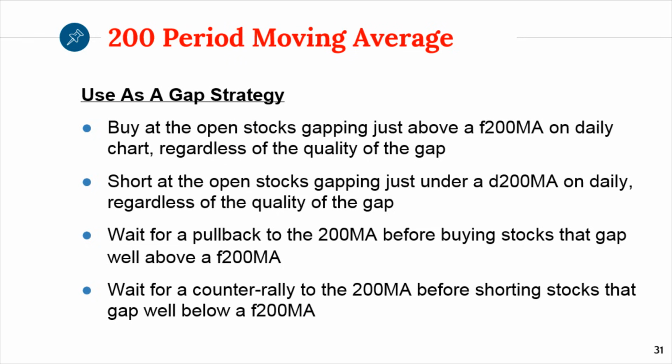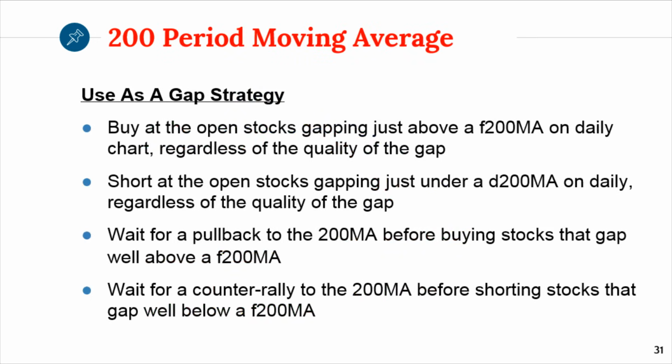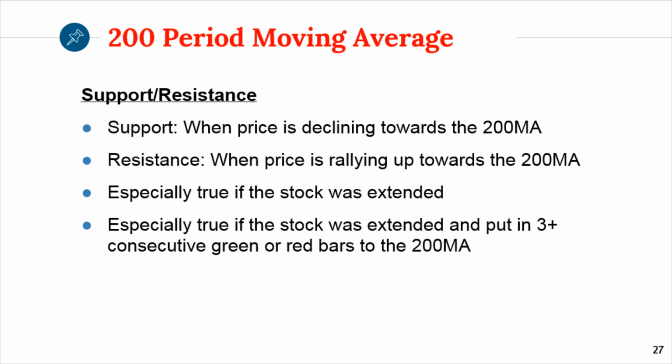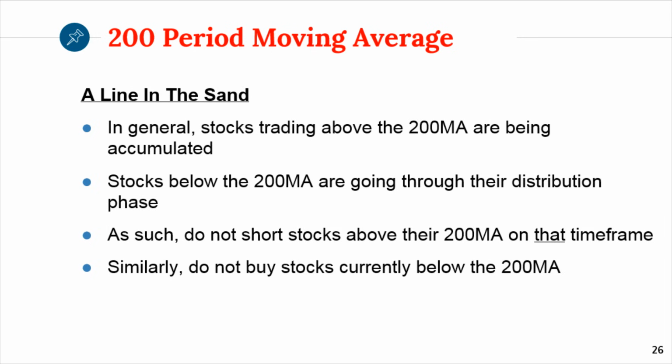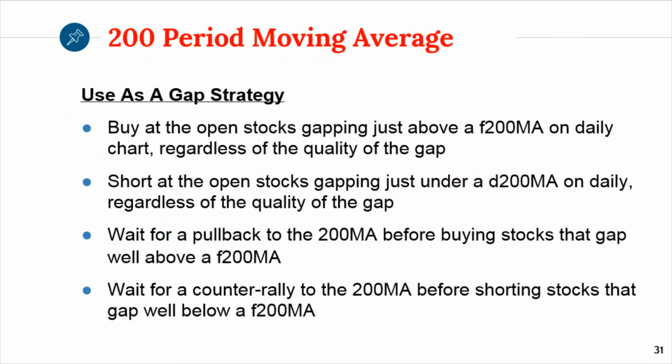Now here's how we talked about using it as support and resistance, as a line in the sand. Stocks above it bullish, stocks below it bearish. We said flatness is king, right? Okay, good. So here are also other ways to use it.